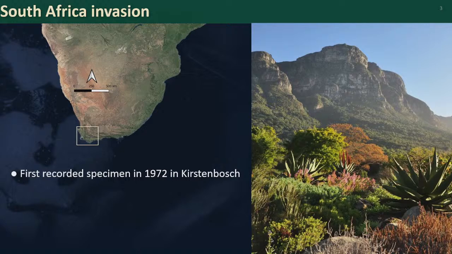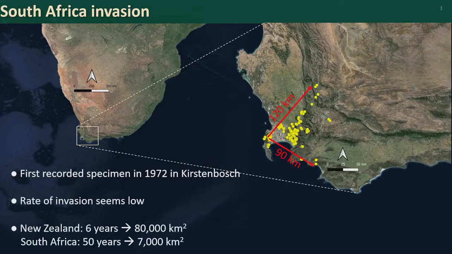In South Africa, the species was recorded for the first time 50 years ago in the region of Kirstenbosch. And the species has now spread across the Western Cape region, as we can see with the sampling carried out by my colleagues.